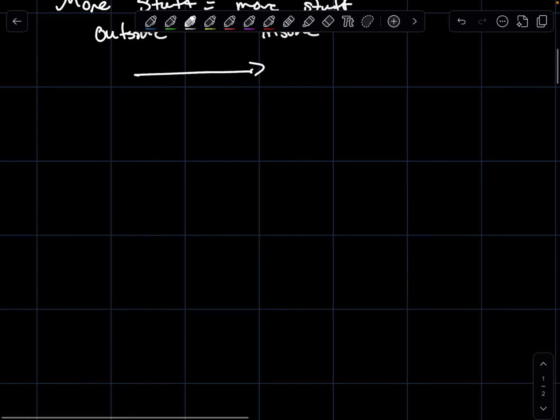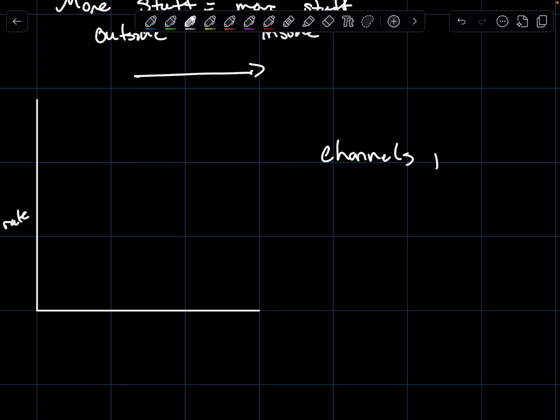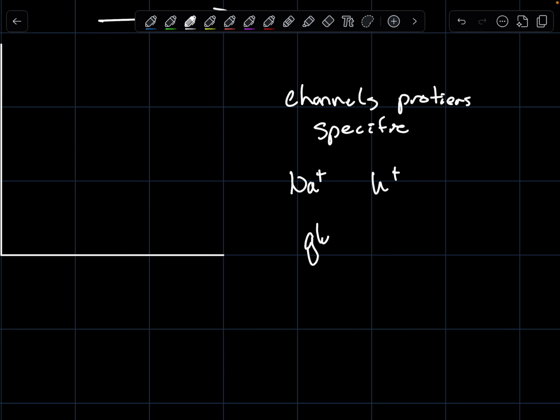Now, I like to use a graph to show the rate of simple diffusion. And because it's based off of channel proteins, which are specific, meaning that some will only let sodium in, or potassium, or potentially only glucose.